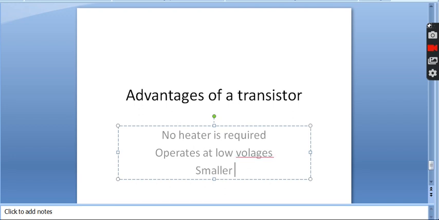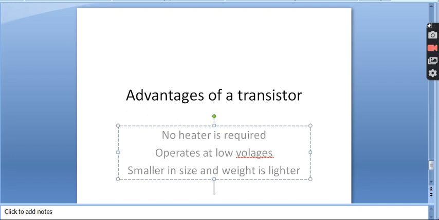The size of the transistor is smaller, and the weight of the transistor is lighter.